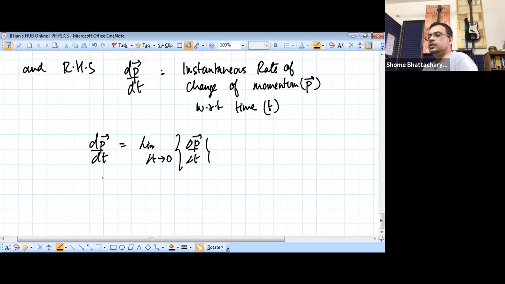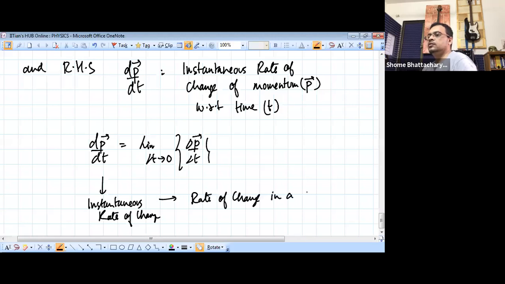So instantaneous rate of change is nothing but rate of change in a very small interval, that is delta t tending to 0. So it is calculated by those differentiation methods which we have done.